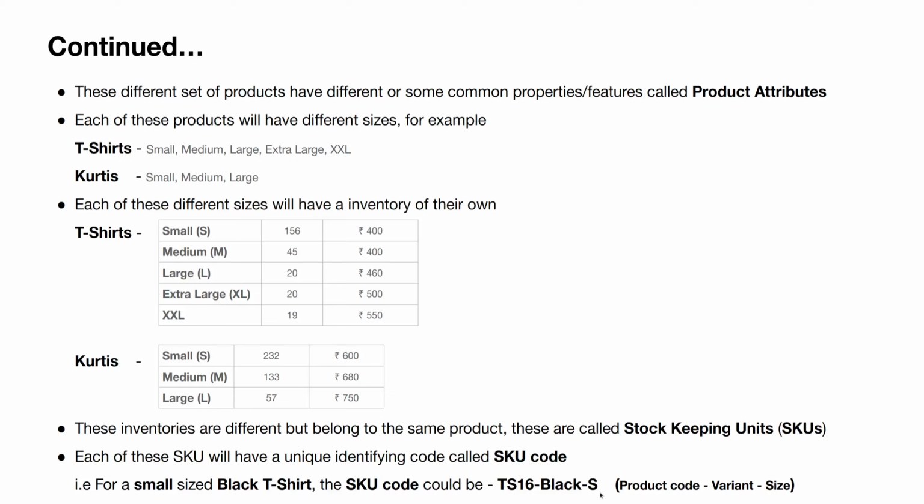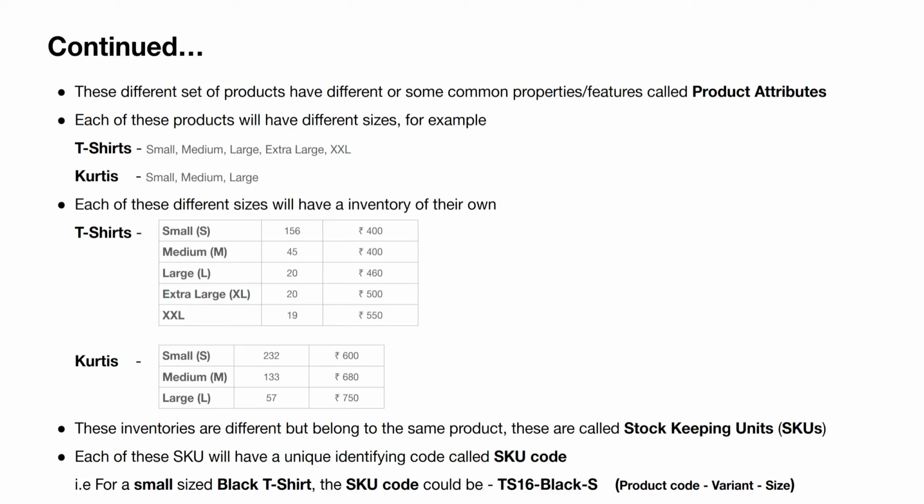So it is made up of 3 components: a product code, which is unique on product level, and it is made up of variant and size of the SKU, and the SKU codes are unique on each inventory level. So under a product code there could be multiple SKU codes, right? For example, this was for small sized black t-shirt. We will have another SKU here which could be for medium, and the SKU code for that will be TS16-black-M, right?